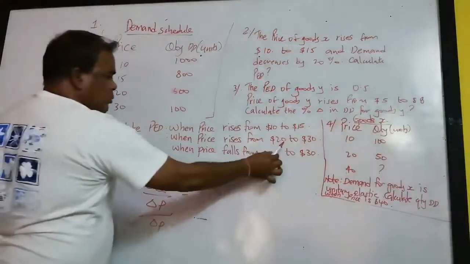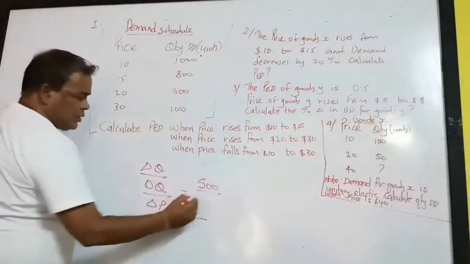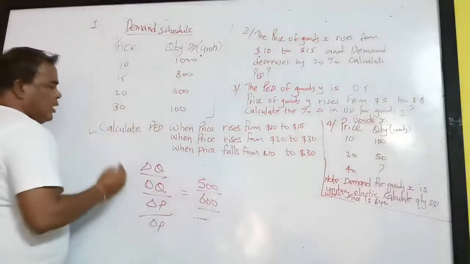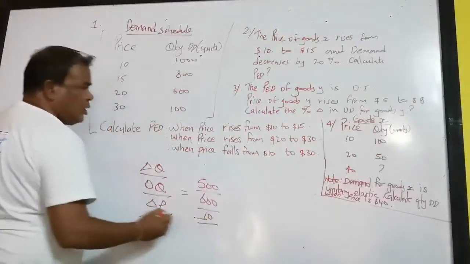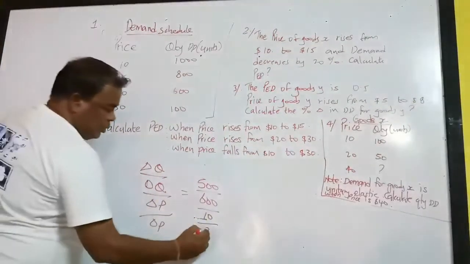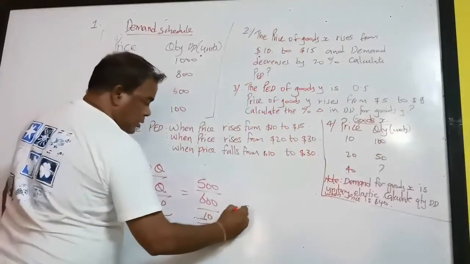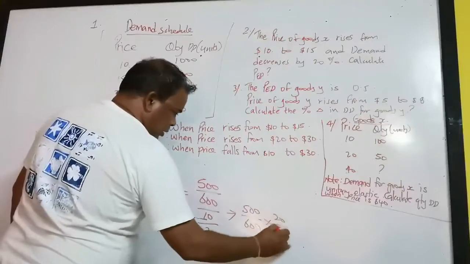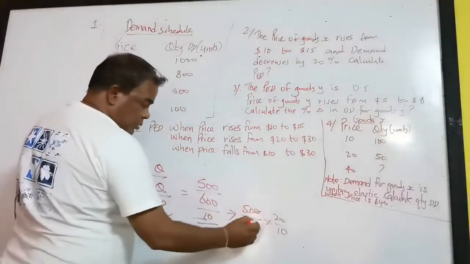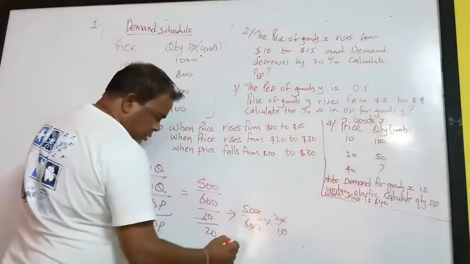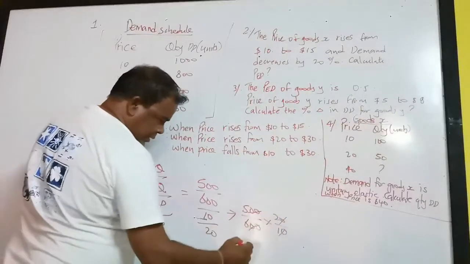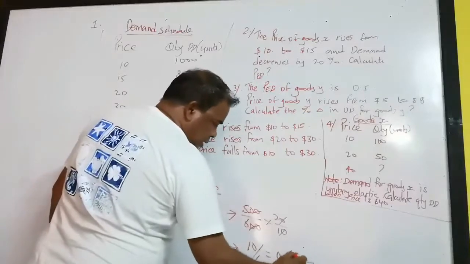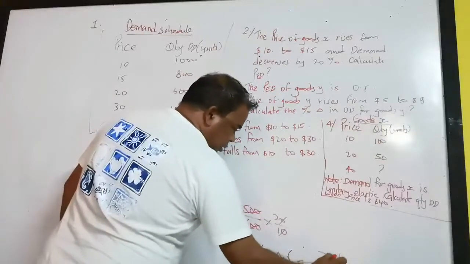Original quantity, the first quantity, 600. Change in price, 20 to 30, 10. Original price, the first price, 20. Mathematically, 500 over 600 times 20 over 10. This one is eliminated. Then we get 10 over 6, 0.6. Again, demand is inelastic.